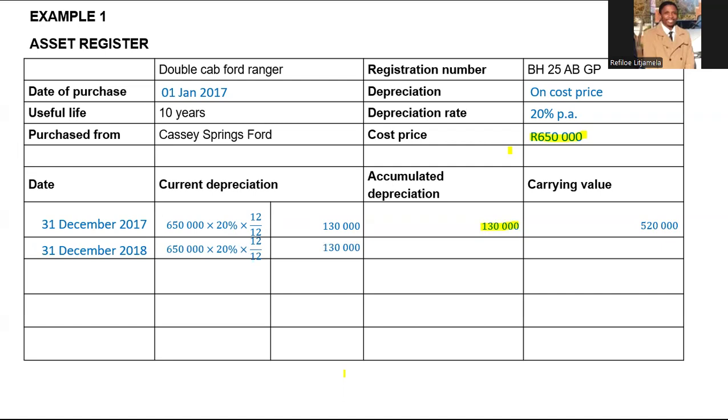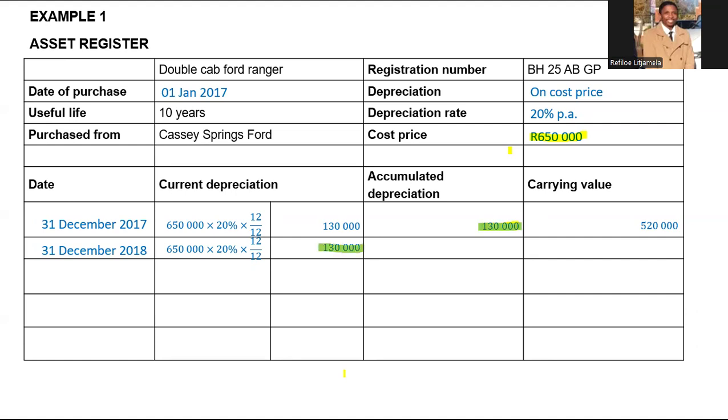Remember, accumulated depreciation is the sum of the depreciation of that asset for as long as we use it. You recognize depreciation and then you add it to accumulated depreciation. For the year ended 31st December 2018, our accumulated depreciation will be that 130,000 plus 130,000.